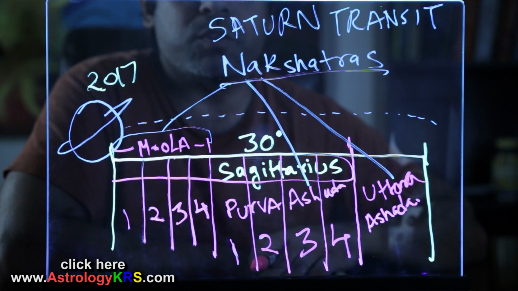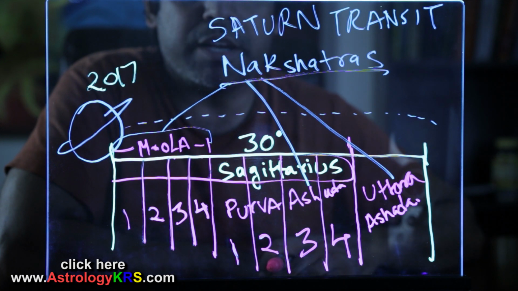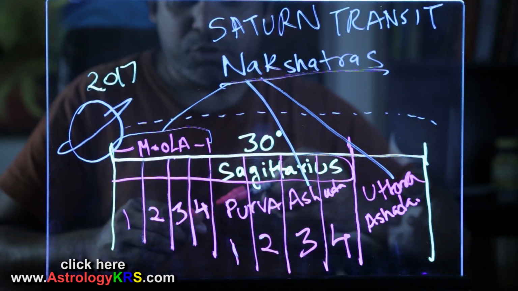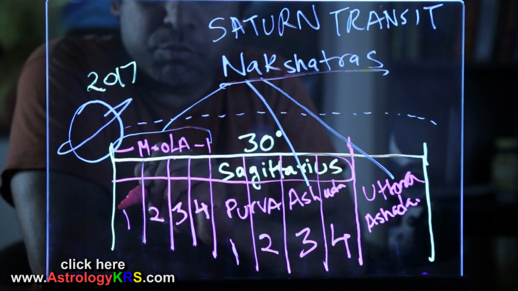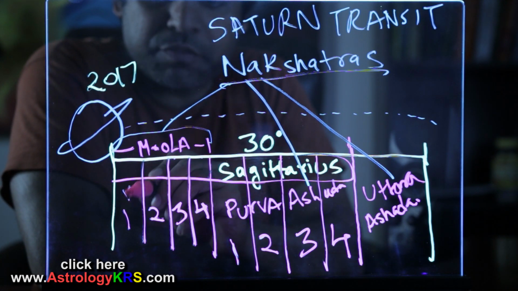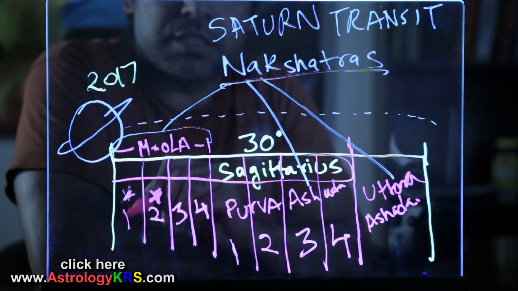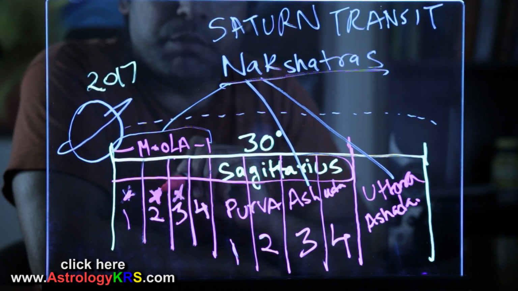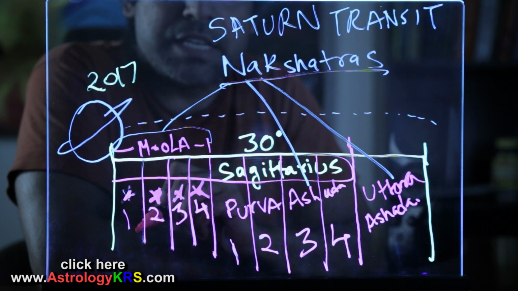It'll also continue in Uttara Ashada Nakshatra, which will spill mainly into the sign of Capricorn. This is why, when Saturn transits the first Pada of Mula Nakshatra, it'll give a different result. When it transits Pada 2, it will be a different result. Pada 3, a different result. Pada 4, a different result.